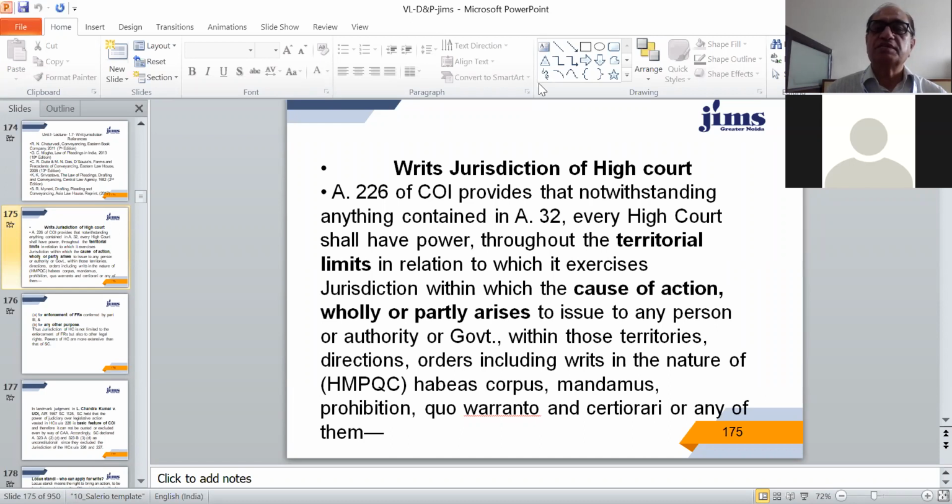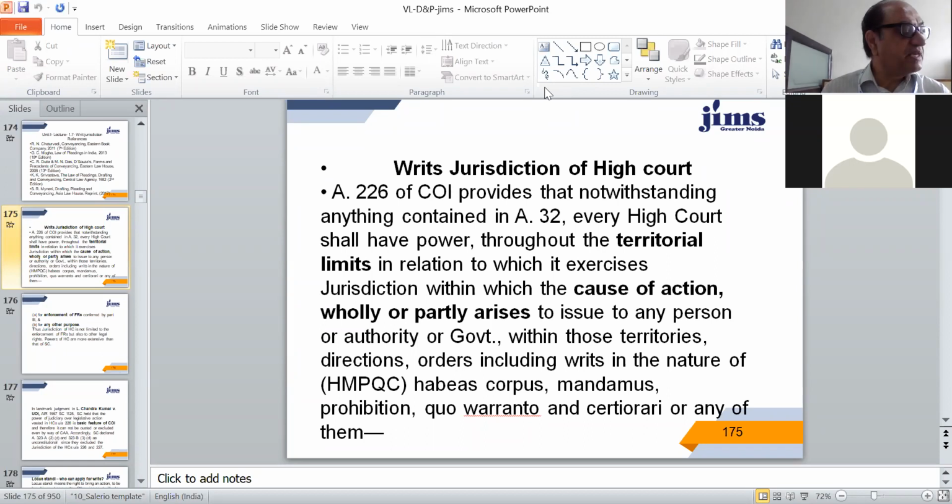You know that Article 226 of our Constitution provides that notwithstanding anything contained in Article 32, every High Court shall have power throughout the territorial limits in relation to which it exercises jurisdiction, within which the cause of action wholly or partly arises, to issue to any person or authority or government within those territories directions, orders, including writs in the nature of habeas corpus, mandamus, prohibition, quo warranto, and certiorari, or any of them.